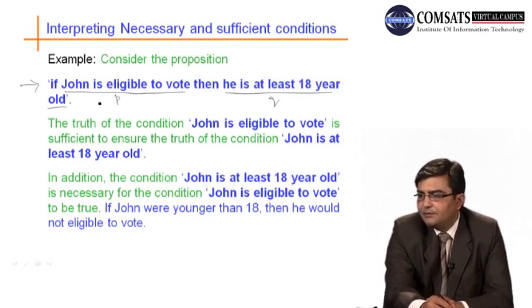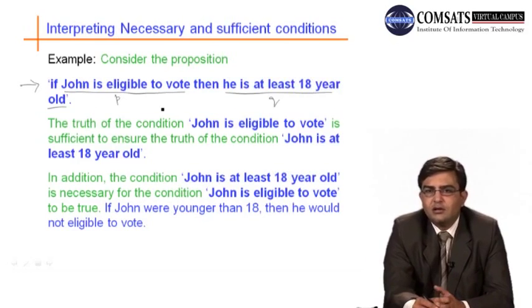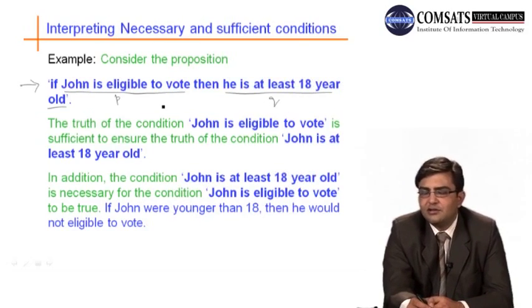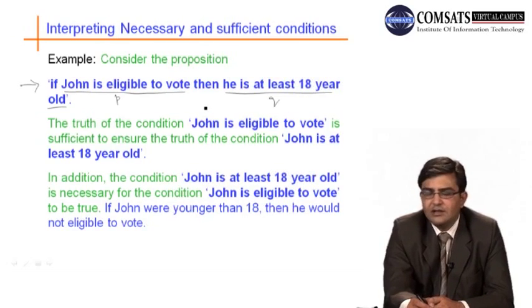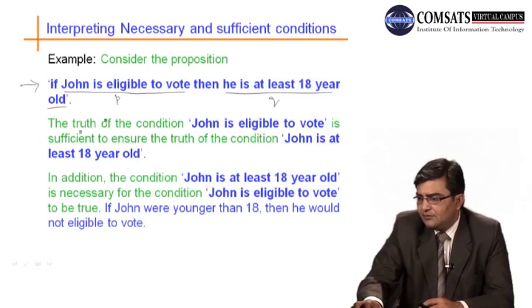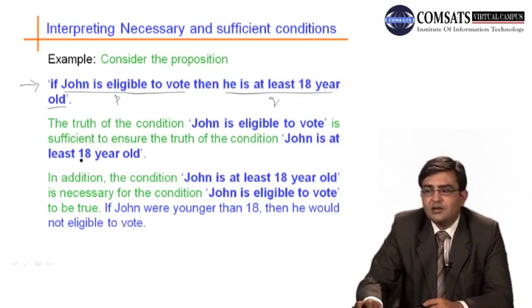So we can say here that P is the sufficient condition for Q, but Q is the necessary condition for P, because if John is less than 18 years old, then he is not eligible to vote. So P is sufficient for Q, but Q is the necessary condition for P. The truth of the condition John is eligible to vote is sufficient to ensure the truth of the condition John is at least 18 years old.